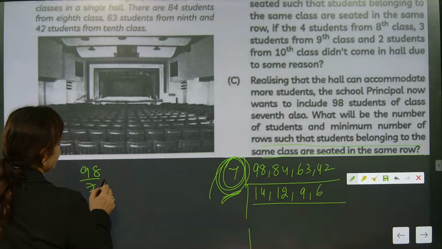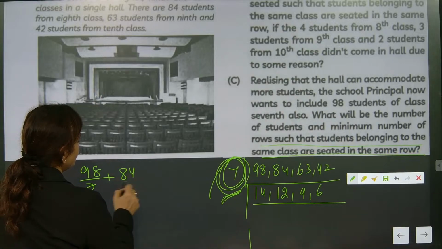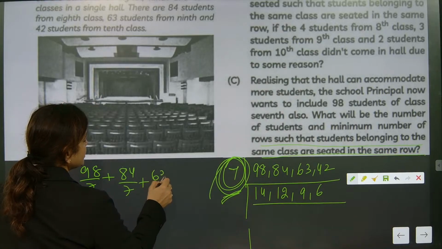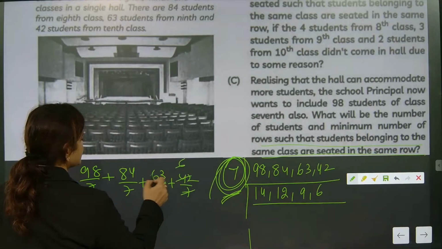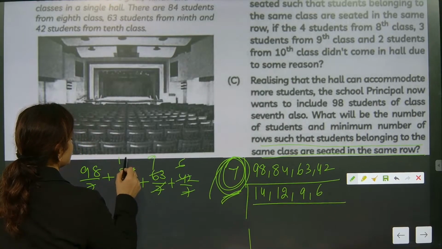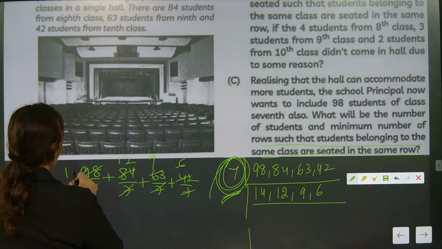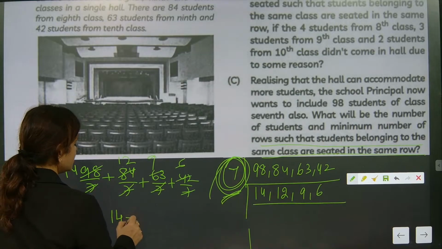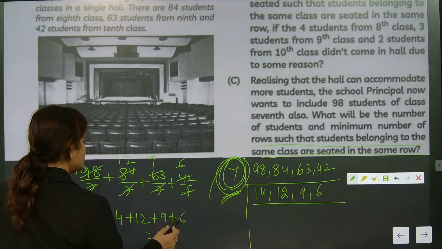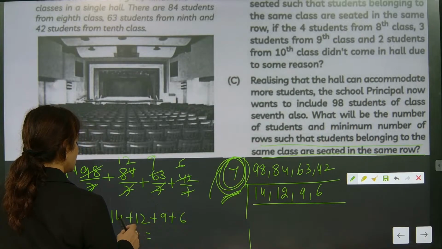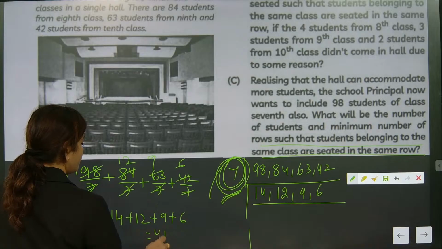98 divided by 7 plus 84 divided by 7 plus 63 divided by 7 plus 42 divided by 7. That is 14, 12, 9 and 6. So 14 plus 12 plus 9 plus 6, total it is coming as 41 rows. Understood?